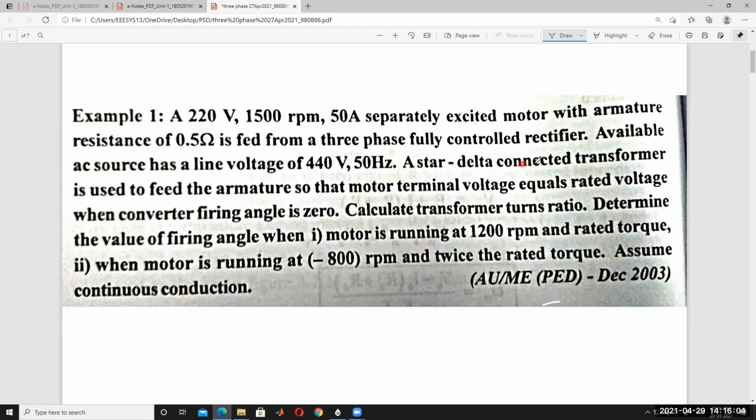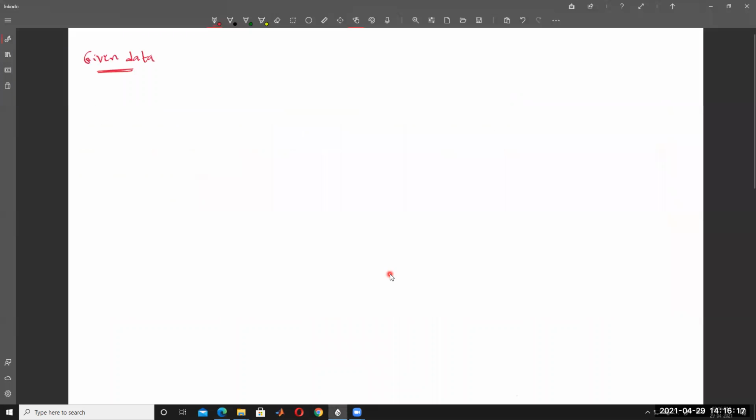The star-delta connected transformer is used to feed the armature so that terminal voltage equals the rated voltage when the converter firing angle is 0. That is for alpha equal to 0.